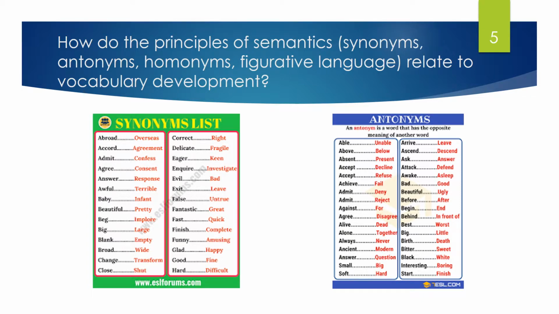How do the principles of semantics relate to vocabulary development? When we think of semantics, we think of meanings of words, phrases, and sentences. Synonyms, antonyms, homonyms, figurative language are all a part of this and can be troublesome for some students.